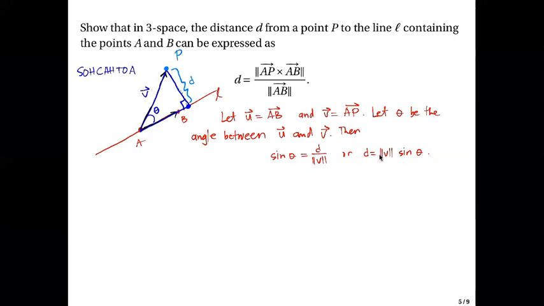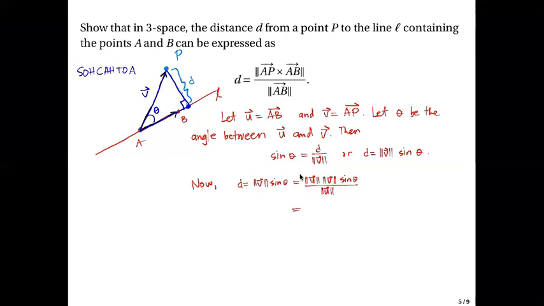But let us rewrite this. Now, the distance D, which was norm of V sine theta, we rewrite as norm of U times norm of V sine theta divided by norm of U. So we just multiply and divide by norm of U. And I think we've shown that norm of U times norm of V sine theta is precisely the cross product of U cross V, and you get the norm.